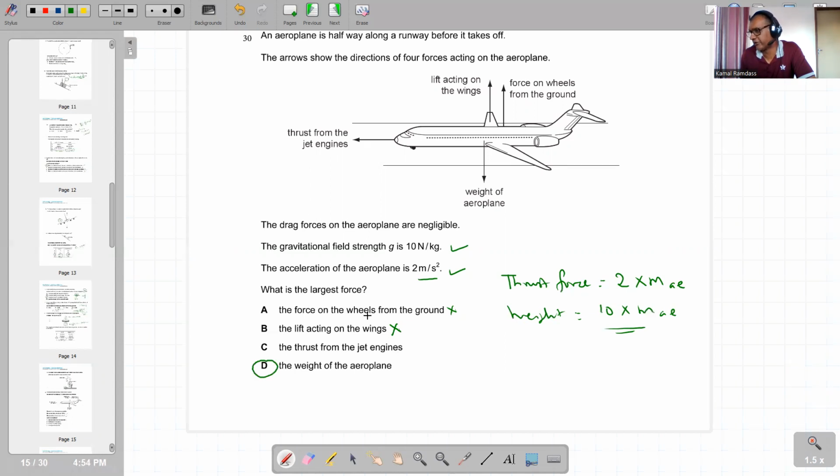It cannot be the force on the wheels from the ground or the lift acting on the wings, because it has not yet gone up into the air, it has not yet lifted off, and the weight is much greater than these two forces.